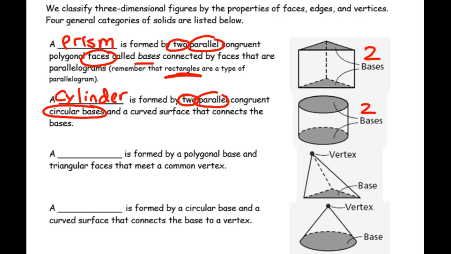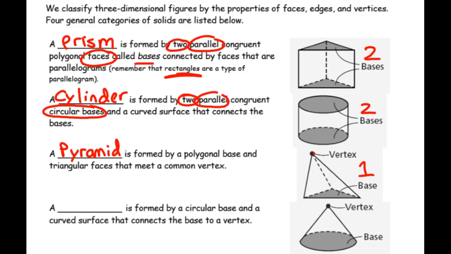The next 2, how many bases do these have? 1, right? So this 1 base figure that has a point at the top that'll poke your eye out, what's that called? The vertex at the top of a pyramid. Okay.